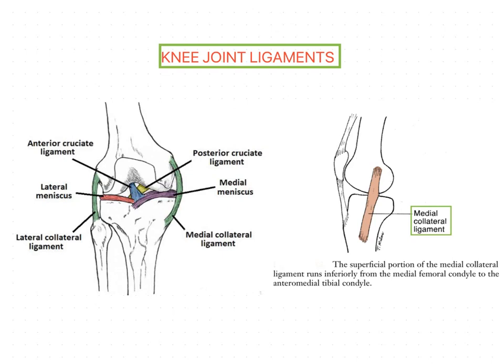The knee joint ligaments control excessive knee extension, and they also control varus and valgus stresses at the knee, and anterior or posterior displacement of the tibia. So these are controlled by these ligaments.